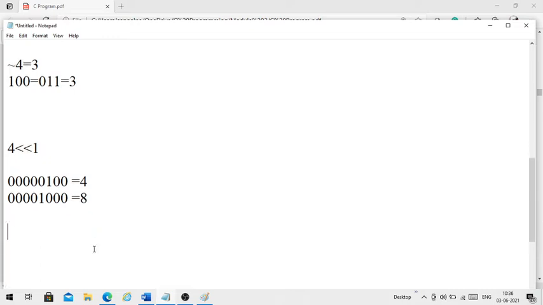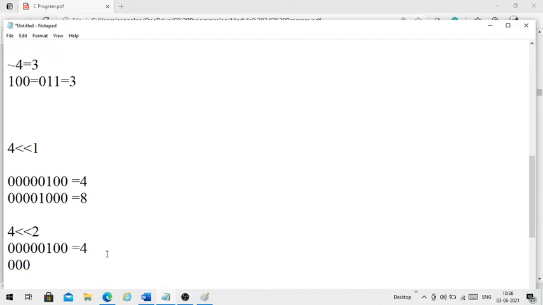Again, I am doing the same operation, left shift 2 times. But we will check the result. This is the binary equivalent of 4. I am shifting it 2 times. So 0, 0, 0, 0.